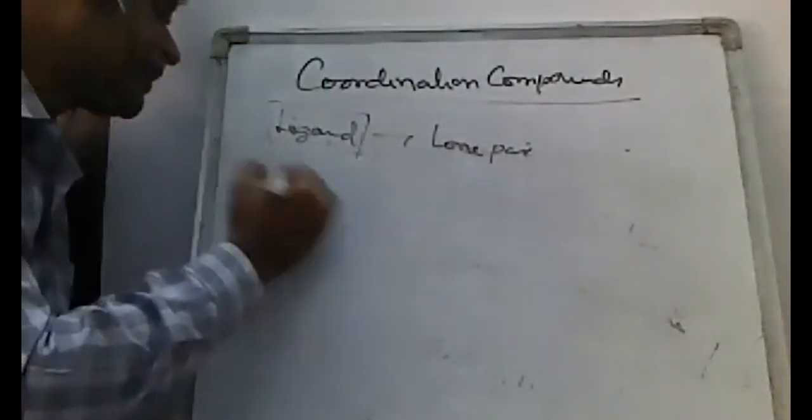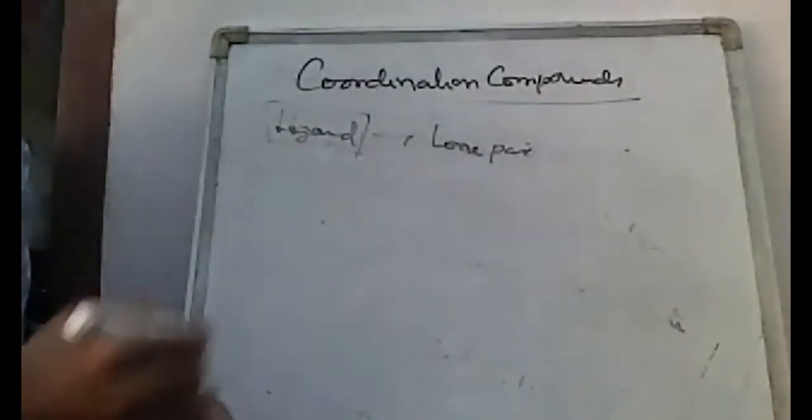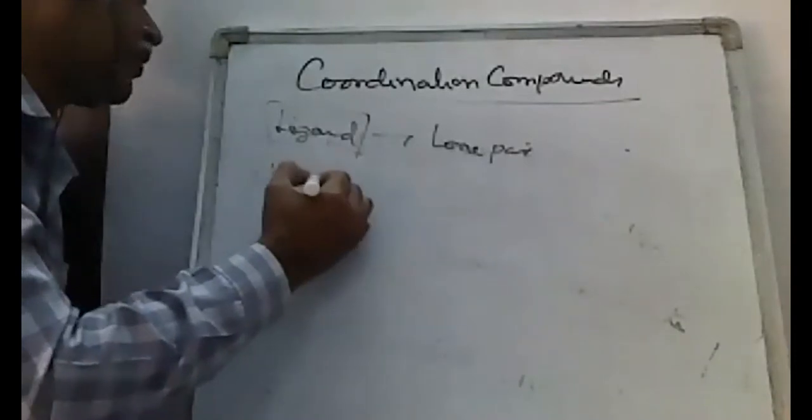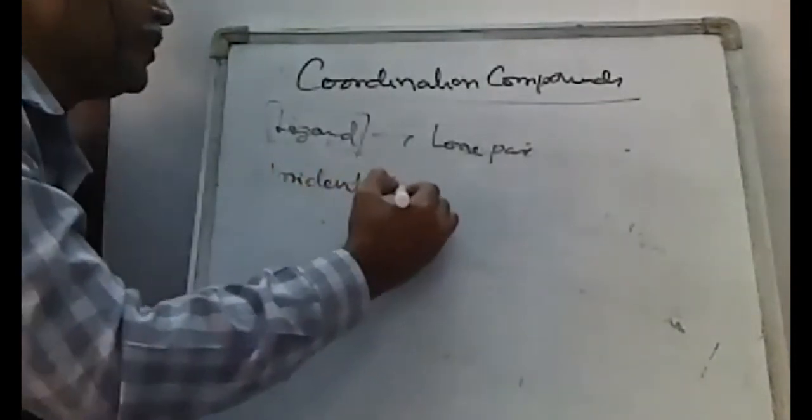Based on the number of lone pairs donated, ligands are classified into unidentate ligand.